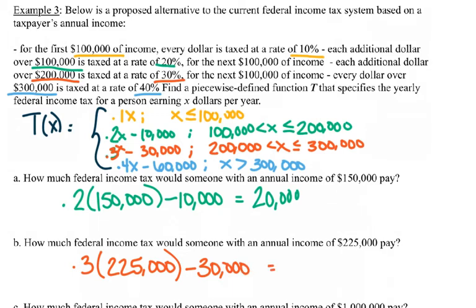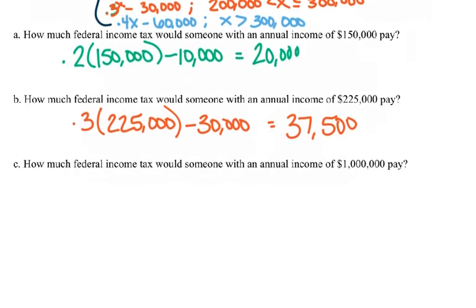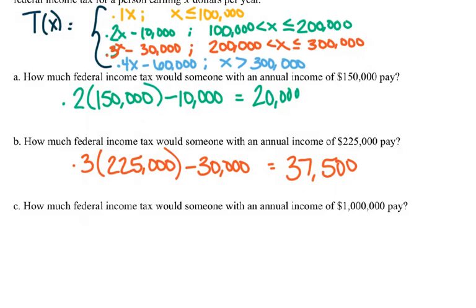Once again, that's because you paid 10,000 for your first 100,000, then you paid 20,000 for going up another 100,000. So 20 plus 10 is 30,000. That's where I'm getting these numbers. You'll end up paying $37,500 in taxes if you make an annual income of $225,000.